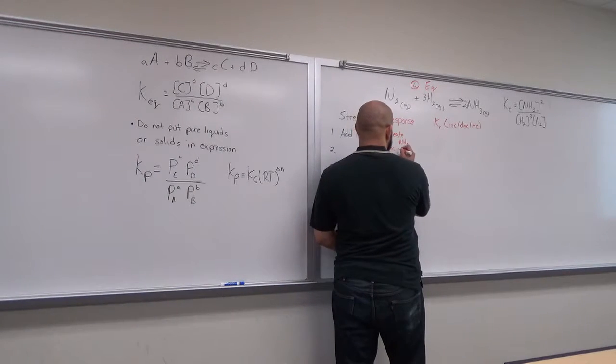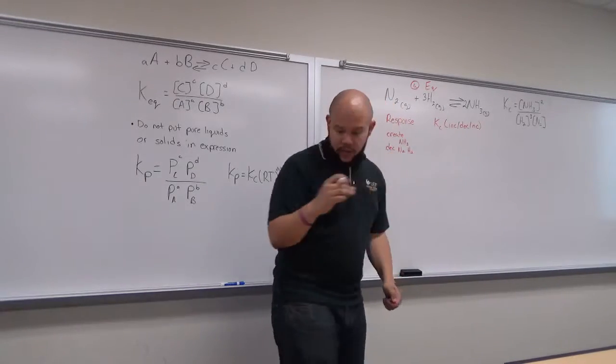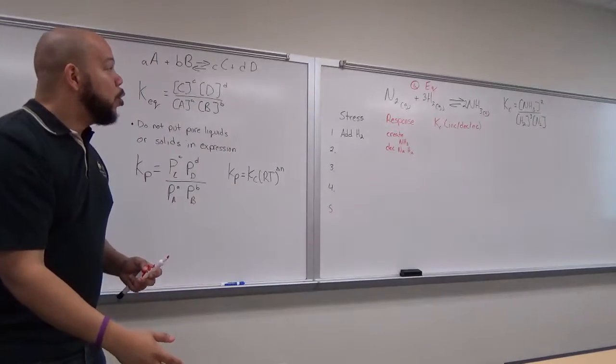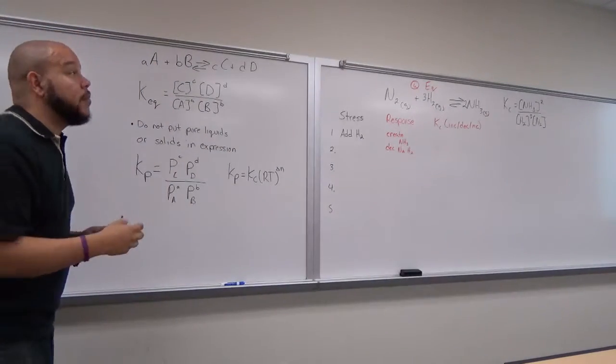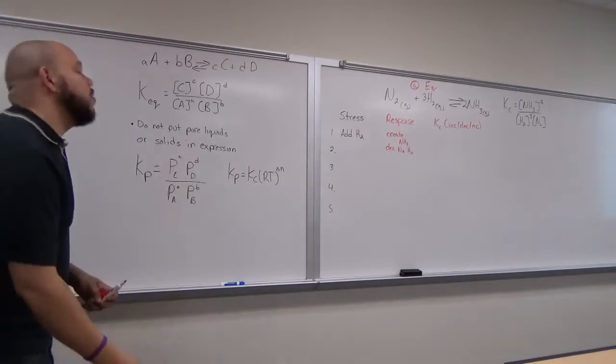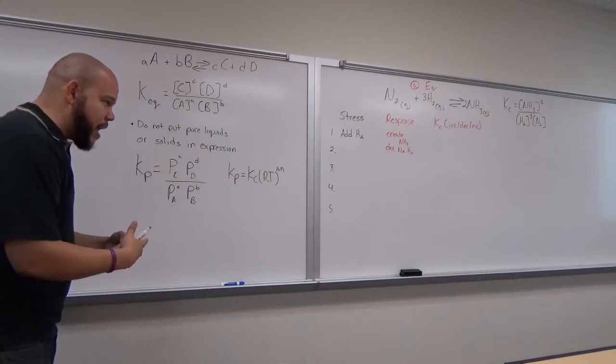decrease N2 and H2, right? So yes, at the very split second that we add H2, the response of the system is to create NH3. But to create NH3, we have to use N2 and H2 in the reaction.